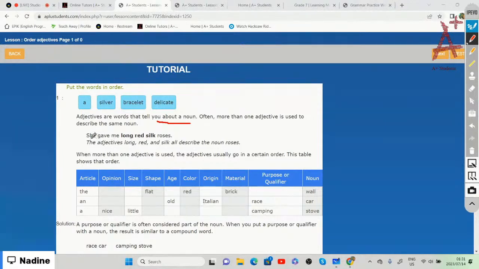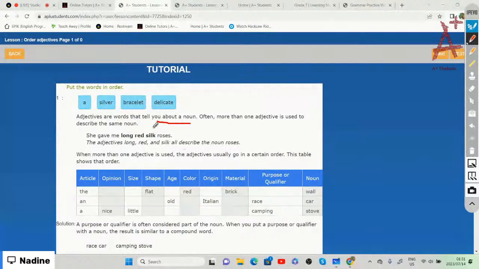For example, with this one, she gave me long red silk roses. The adjectives that describe the noun are long, red, and silk, and they describe the very same noun, which is roses.